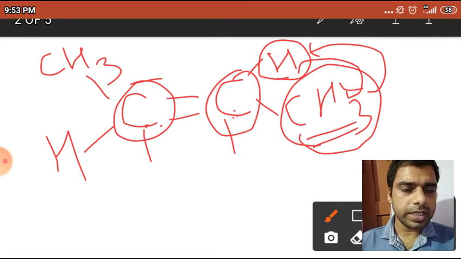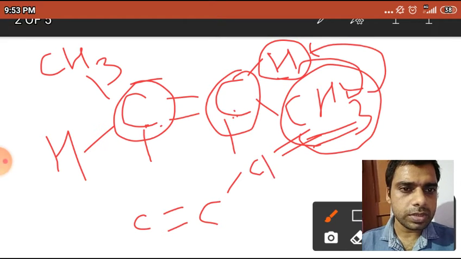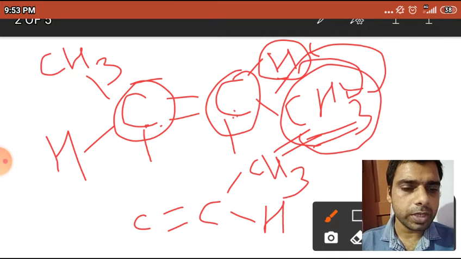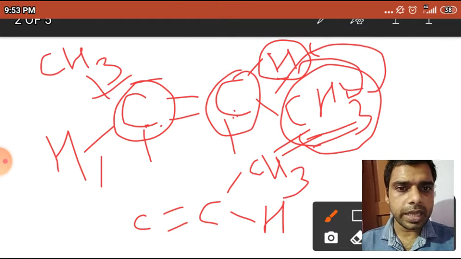Okay, now what it can become is C double bond C, where this CH3 goes upside and this H comes downward, and the other CH3 and H stay at the fixed place.